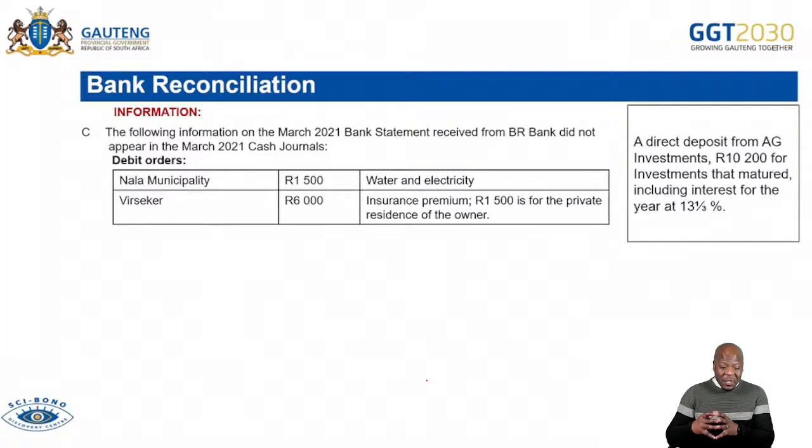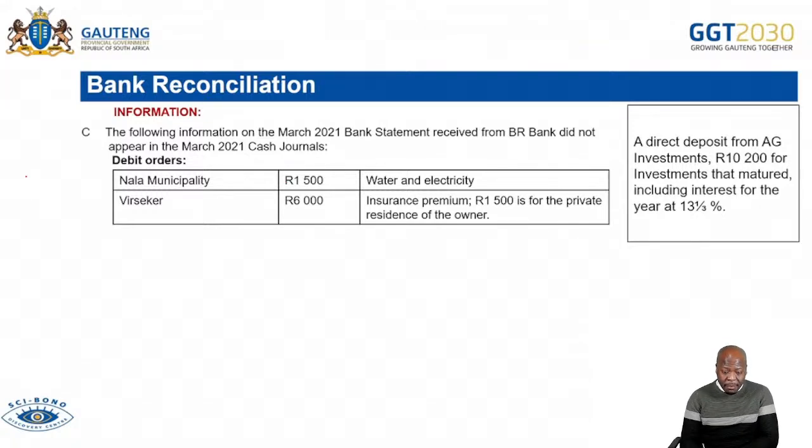Our next information is information C. All right, so you can look at the screen and you also compare with the worksheet that you have in front of you. It reads, the following information on the March bank statement received from BR Bank did not appear in the March cash journals. Okay, so you remember the keys.